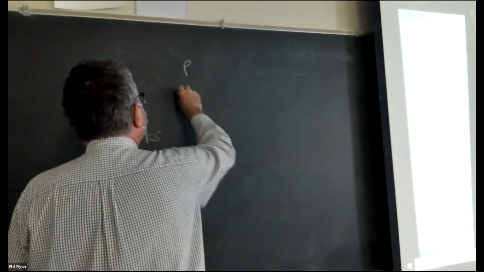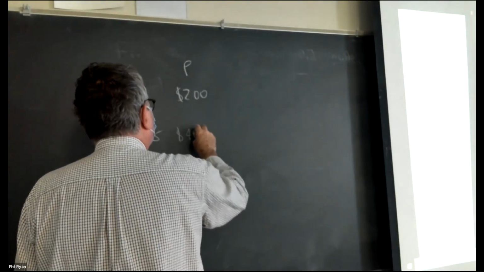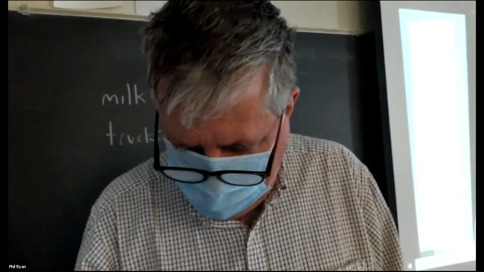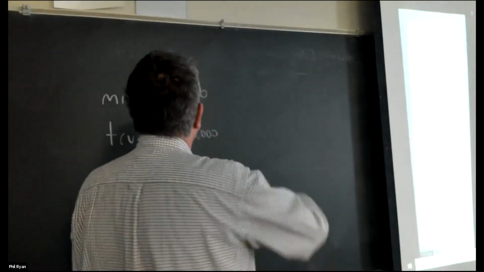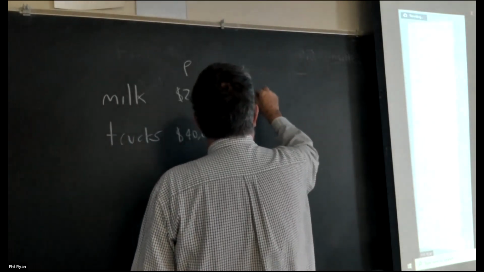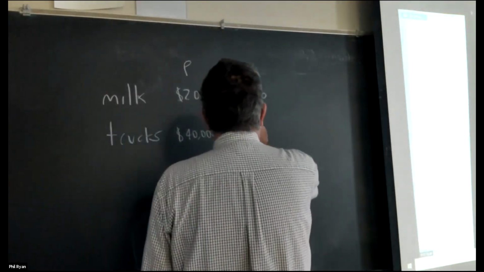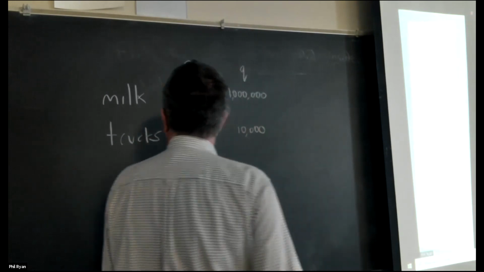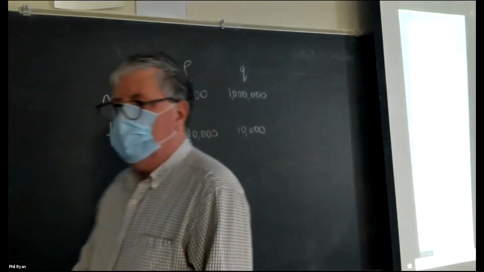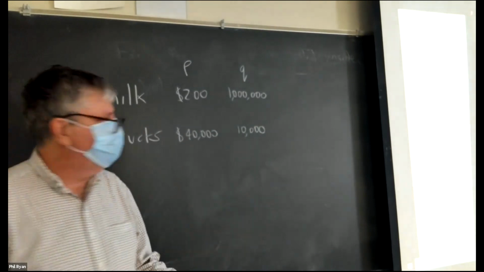Let's say the price of milk is $2 per unit, and the price of trucks might be $40,000 per unit. We sell a certain amount of these: maybe 1 million units of milk and 10,000 units of trucks. What we're interested in is how price changes affect the quantity sold.